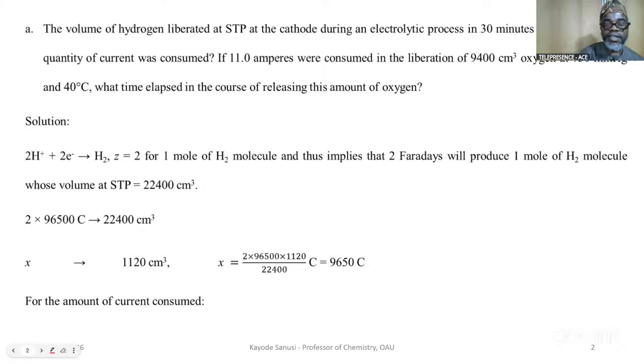But Q is not the problem that we were asked to solve for. We were asked to solve for the quantity. And so you call this relationship Q is IT.